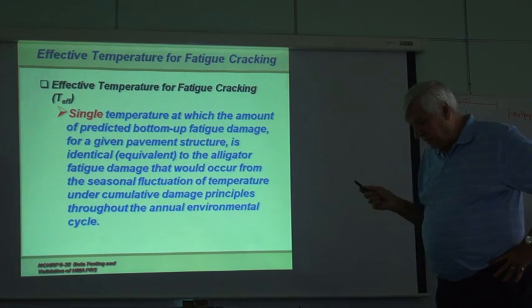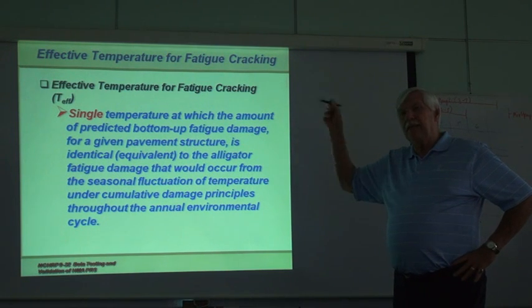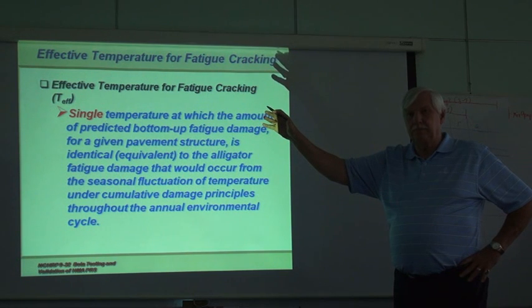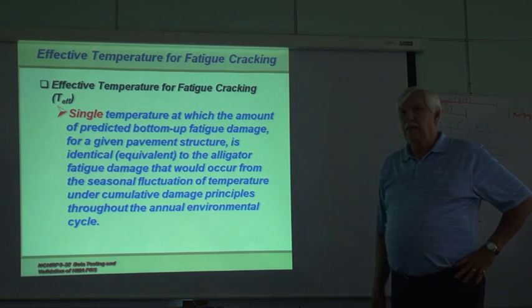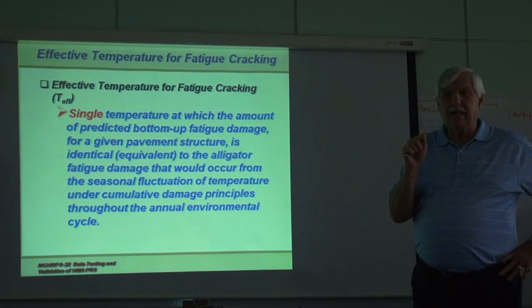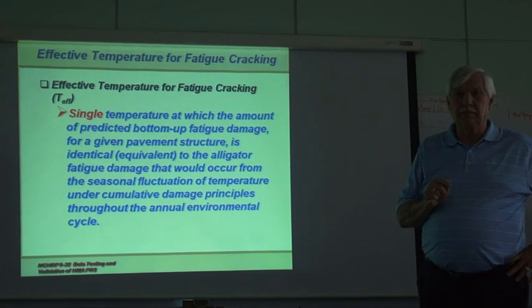What the effective temperature concept does is ask: if I were to run the MEPDG program, what would be the one effective temperature for a given design site and a given pavement structure that would give me exactly the same answer? That's critical to understand.